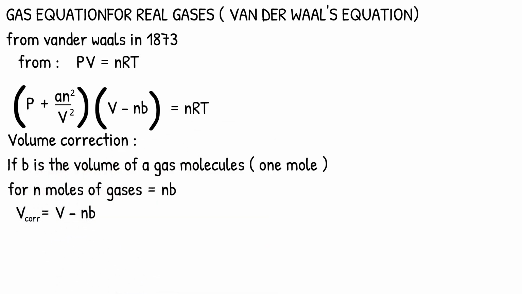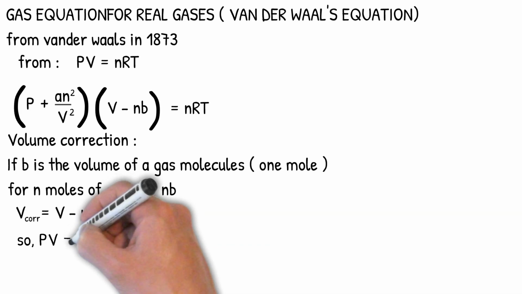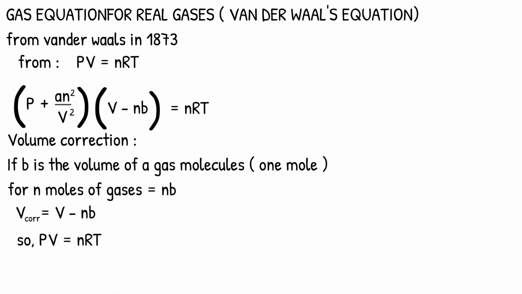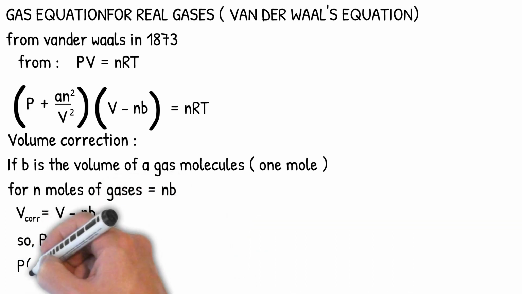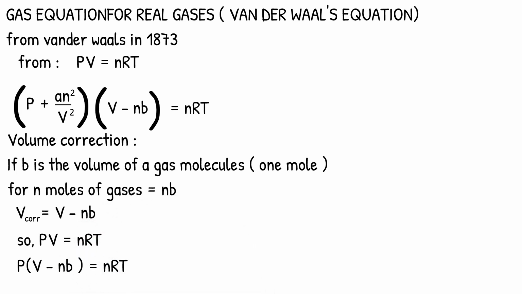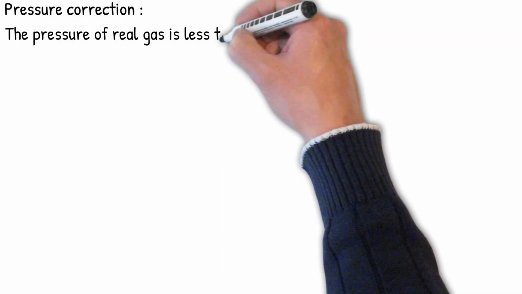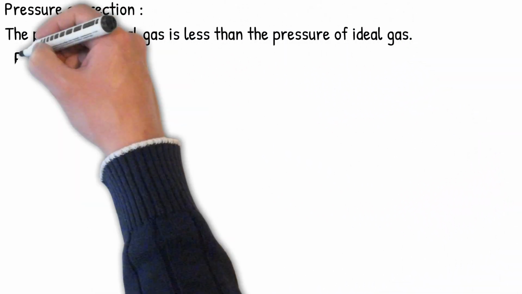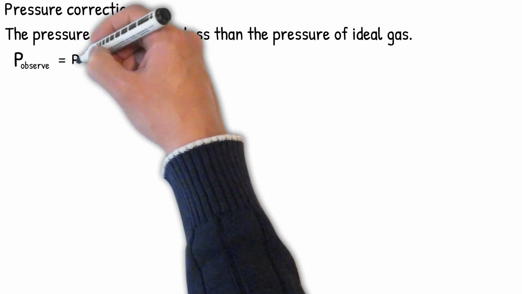So from PV equals nRT, the equation after volume correction will be P(V minus nb) equals nRT. Pressure correction. The pressure of a real gas is less than the pressure of an ideal gas. P observed equals capital P minus small p.